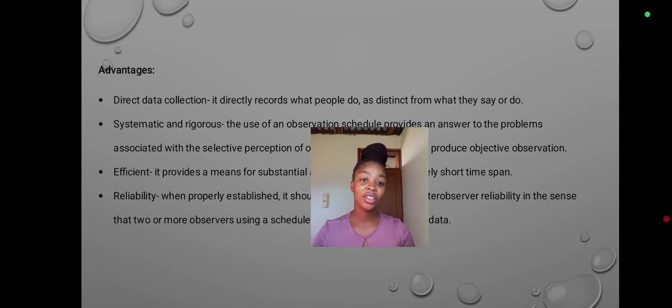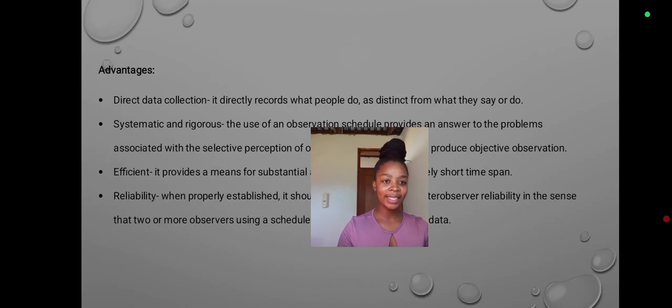The advantages of structured observation. Firstly, direct data collection. It directly records what people do as distinct from what they say they do. Secondly, systematic and rigorous. The use of an observation schedule provides an answer to the problem associated with the selective perspective of observers, and it appears to reduce subjective observation.